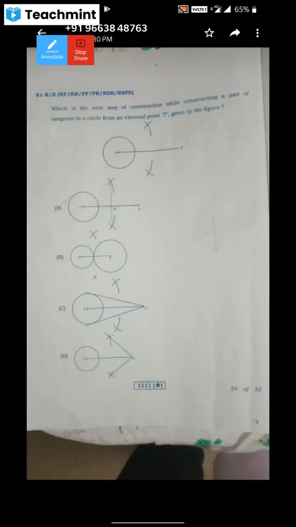After finding the midpoint, we join the arcs where they have intersected, so that gives the midpoint. So the first figure is the next step for the construction.